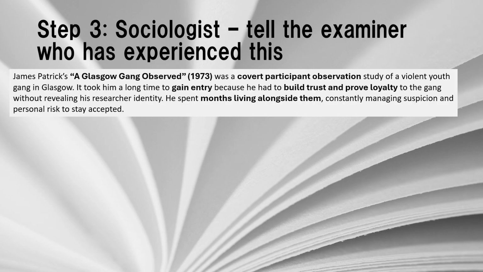It took him a long time to gain entry because he had to build trust and prove loyalty to the gang without revealing his researcher identity. He then spent months living alongside them, constantly managing suspicion and personal risk to stay accepted. So that's a perfect example of somebody using a qualitative method which is often time consuming, and we've talked them through why it's time consuming.